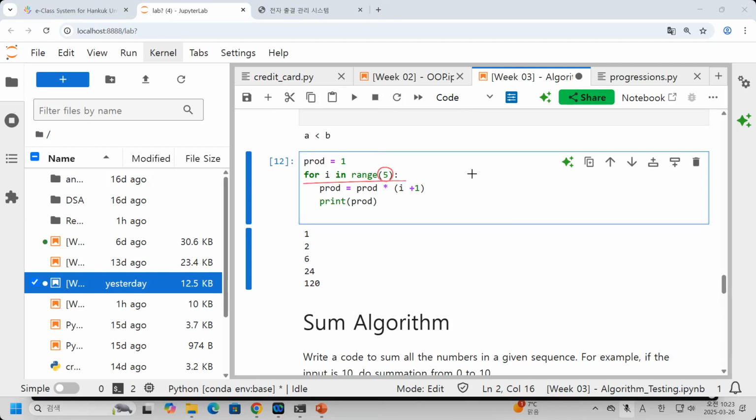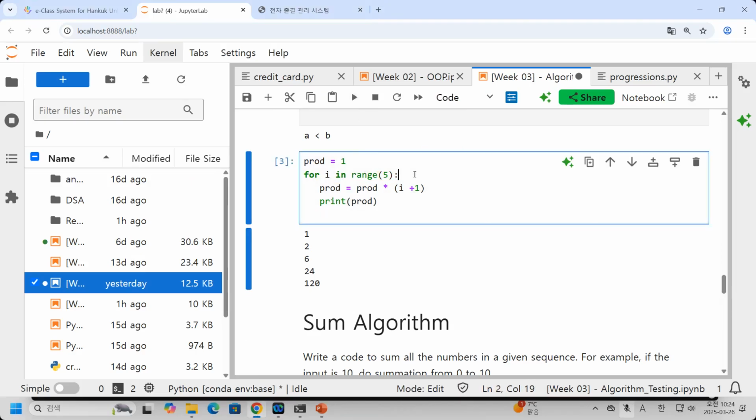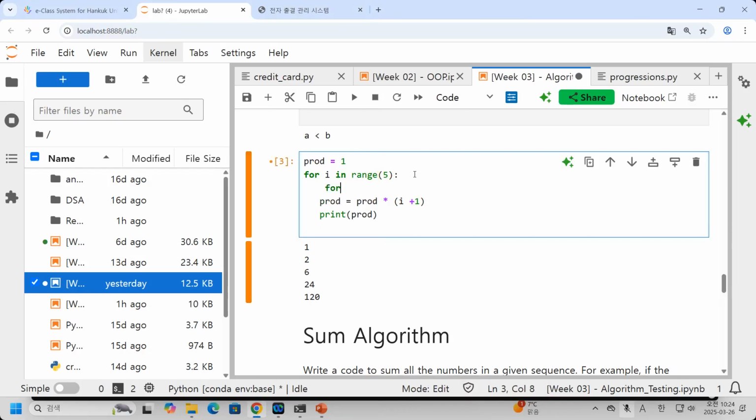So if it is n, it depends on this number, and this is 5 times. If I have another 4, it means I have another 5 times. That's why n multiplied by 5.